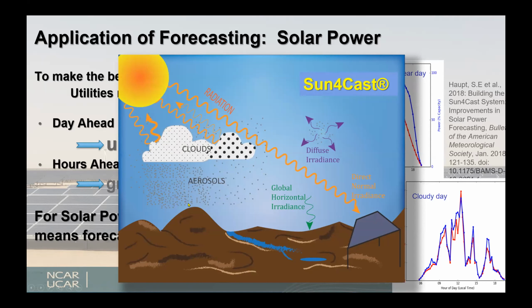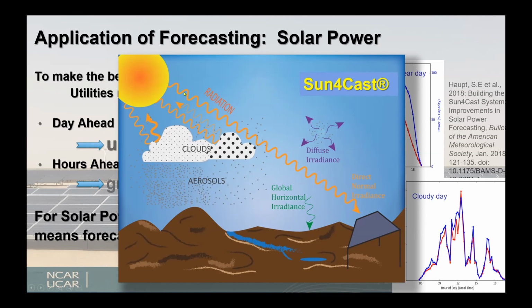NCAR built the Sun4Cast system. It blends the best of numerical weather prediction, where we built a new version of WRF-Solar as part of this project that does better at predicting clouds and aerosols, with the goal being to get better prediction of global horizontal irradiance for the use of PV plants, as well as direct normal irradiance, which is the most relevant predictor for concentrated solar plants.